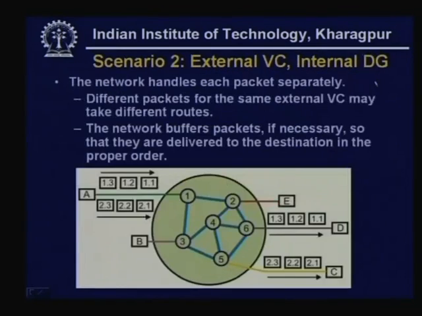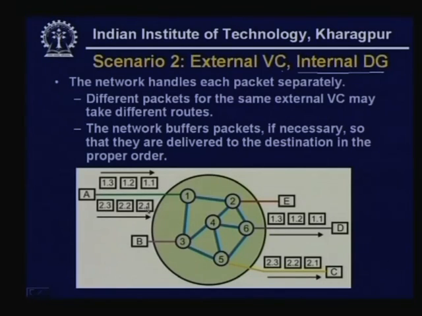Then comes the second scenario. In this, the network handles each packet independently. That means external virtual circuit, internal datagram. So, the network handles each packet separately. Since the internal is datagram, and the external is virtual circuit, it will be given in this order.